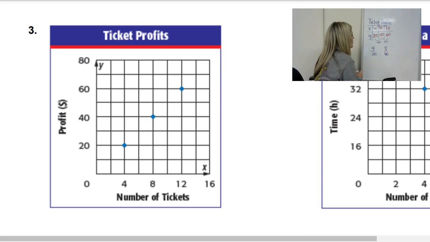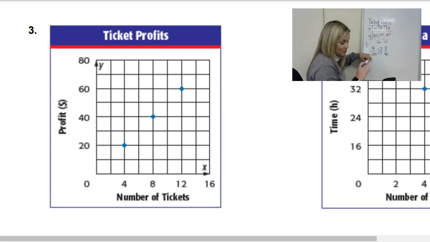Or if you wanted to figure out how much would one ticket cost, let's reduce this. 4 will go into 4 and 20 evenly. 4 goes into 4 one time and 20 five times. So the slope of this line is, actually, slope is y over x, so it's actually 5 over 1.